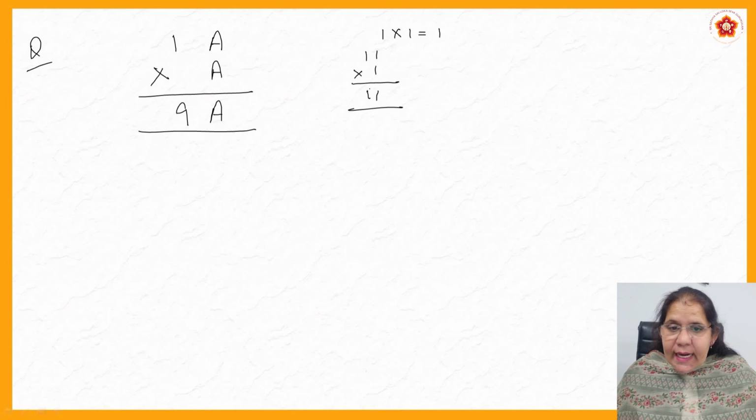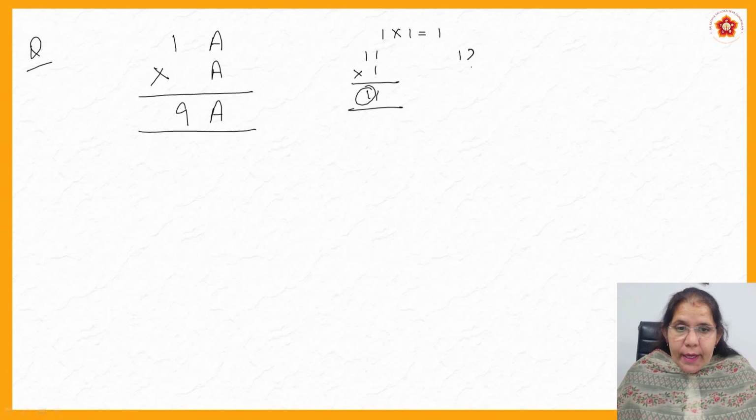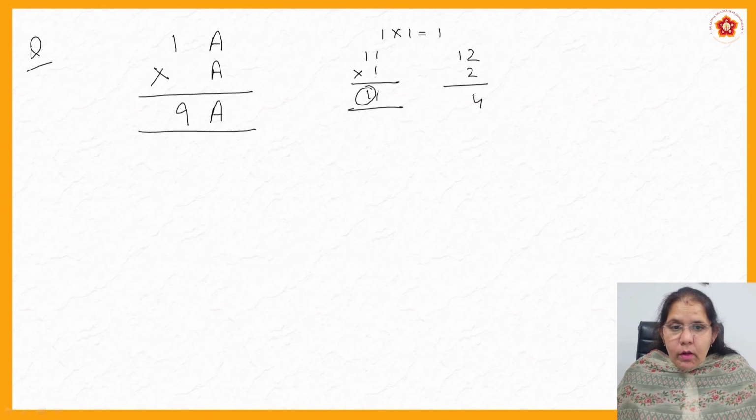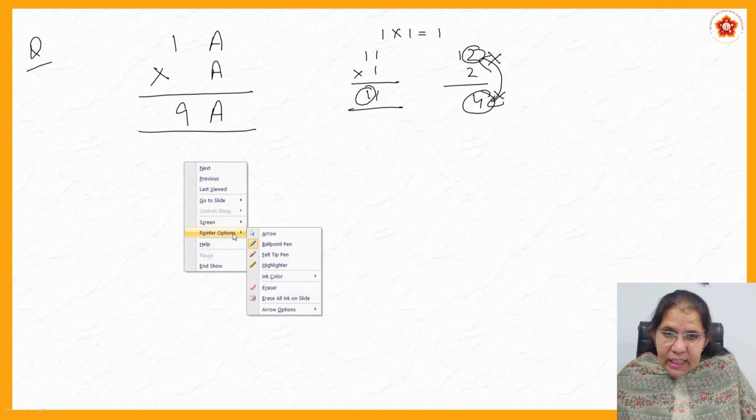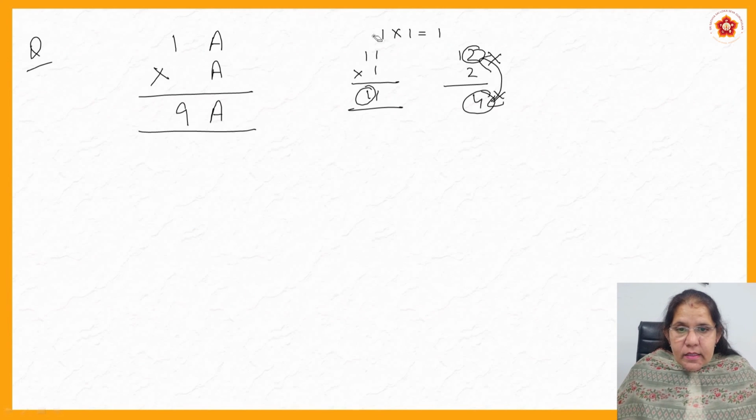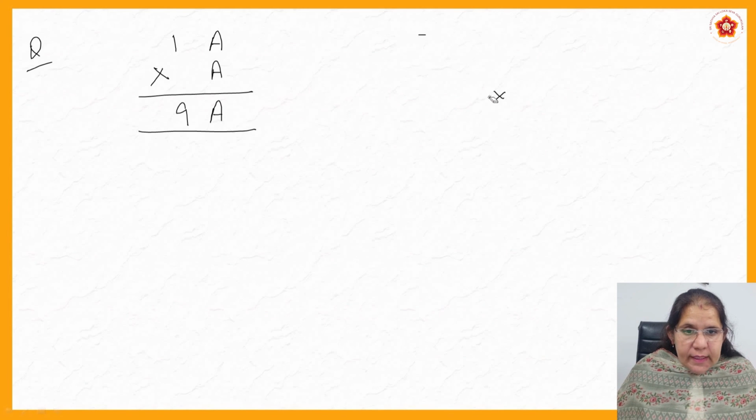We are not getting 9 out here. So 1 is not possible. If you put 2 here, 2 2s are 4. Here we are not getting the same digit. We have to get the same digit here. So how will we get the same digit? You can check with each of the digits from 0 to 9 and see what we are going to get here. Yes, try it.